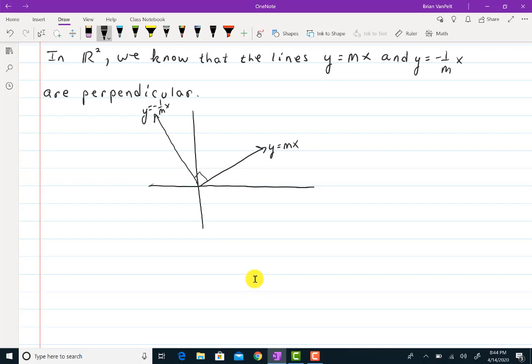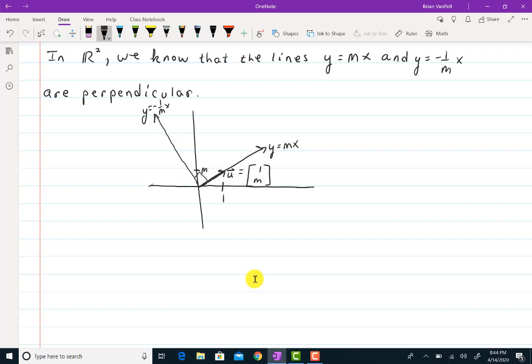Now I can get a vector on this line here, on y equals mx. I can get a vector here by letting x go up to 1, and then y will equal m. So that vector that I just drew, let's call this u, will equal (1, m).